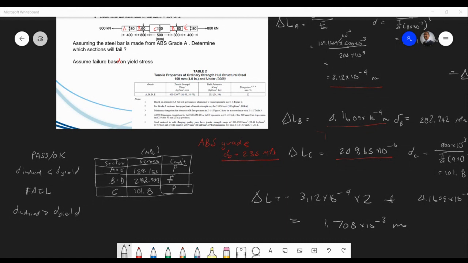Because the idea is that when you buy the material, it comes with specific properties, right? And if we're going to load it up, and of course, there are different ways you can load the material, I don't want to explain all of that. But we're assuming we're loading up in a tensile setup.